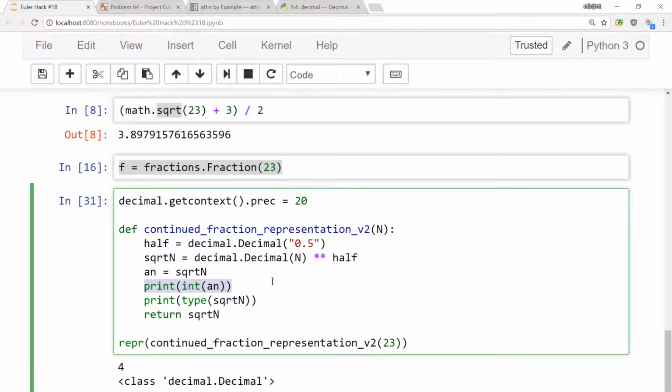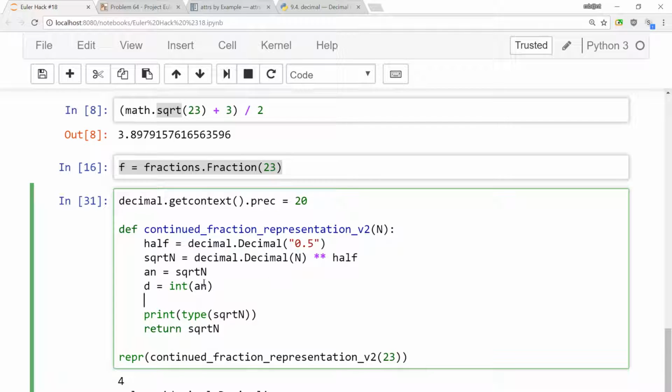Okay, so we do minus the an. So our digit is int an, and we do the next an: 1 over the inverse to get the next an.